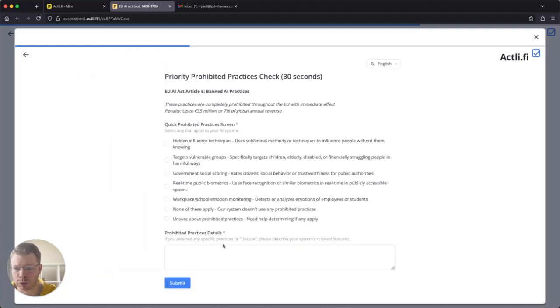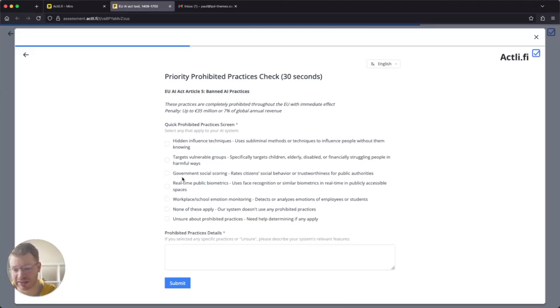Now we have to identify what practices our AI system has. If your system has hidden influence techniques, select this one. If your system targets vulnerable people, select this one. If your system has government social scoring, select this one.